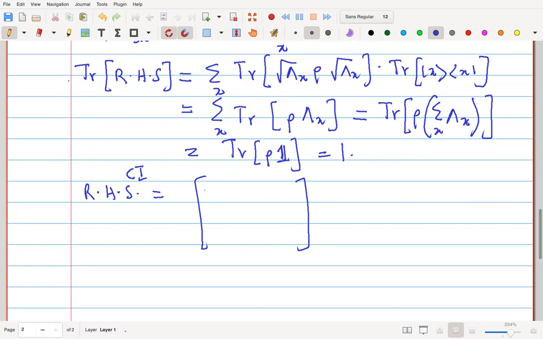So the vector space is C tensor I. For such tensor products of vector spaces, I have the tensor basis and the lexicographic order. In the lexicographic order it becomes block diagonal, and the blocks are labeled by x. The x-th block is square root lambda x rho square root lambda x. The blocks act on the system I, and the name of the block is given by the system C.